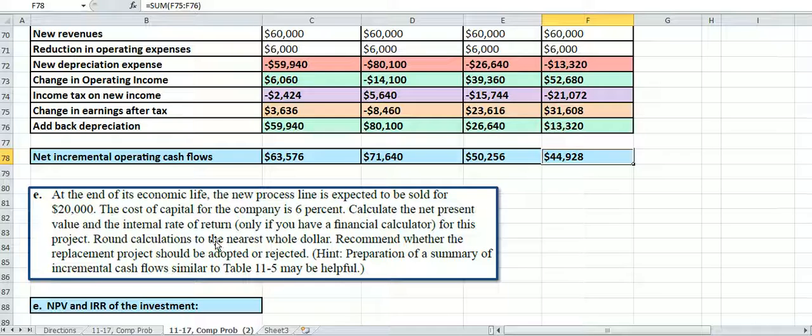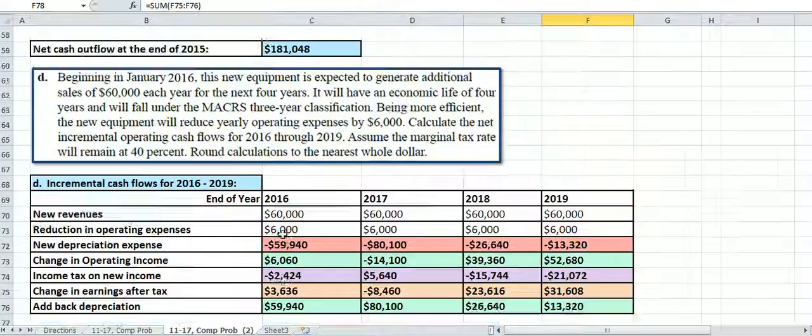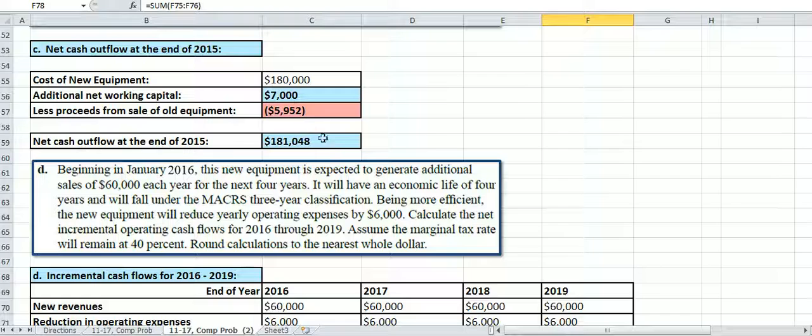Now the cost of capital for the company is 6%. Another way you can think about this cost of capital is opportunity cost. In other words, you can think about this as a choice. The company could have taken their initial capital outflow right up here of $181,048 and invested it and gotten a return of 6%.